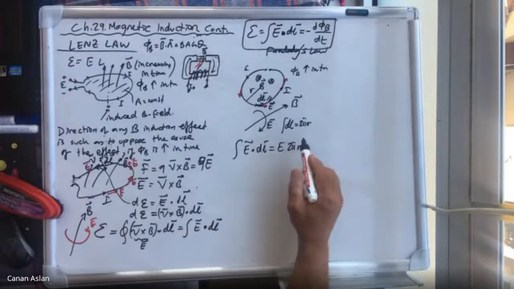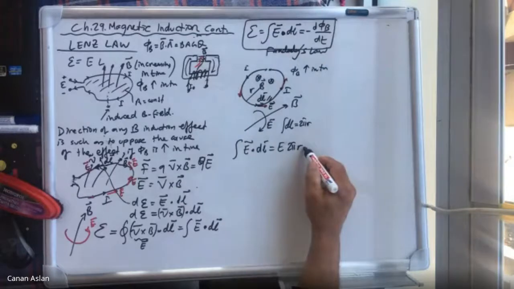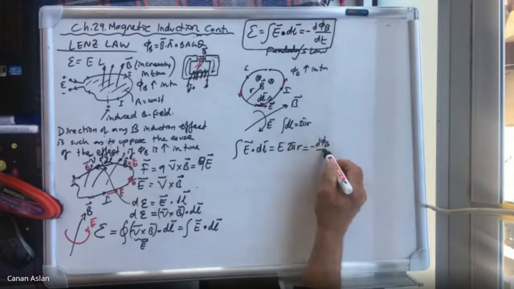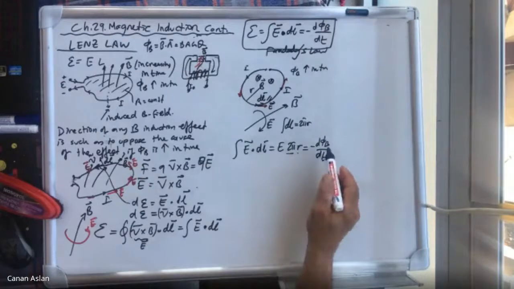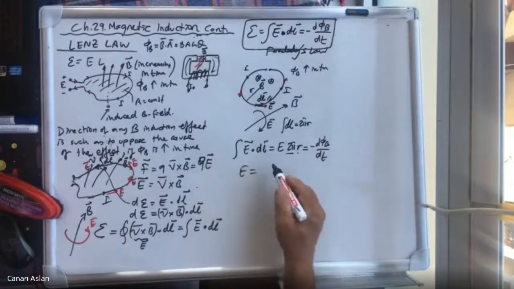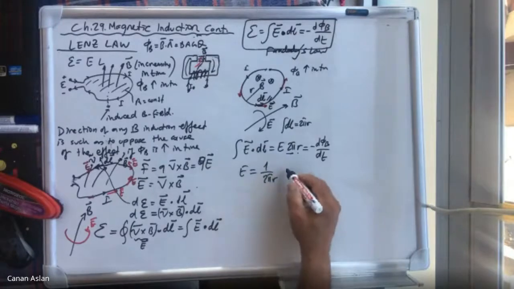In this case, the left-hand side is already obtained, and the right-hand side will be equal to minus d phi B over dt. Now, if we solve for the electric field, it will be given by 1 over 2 pi r times d phi B over dt.